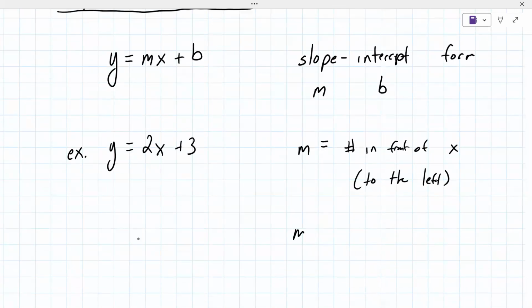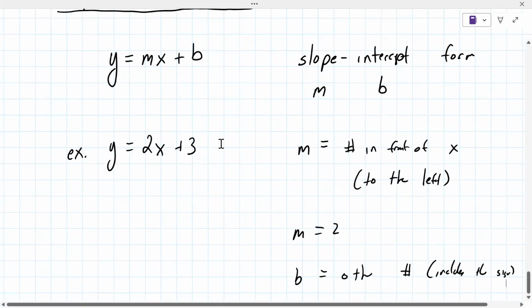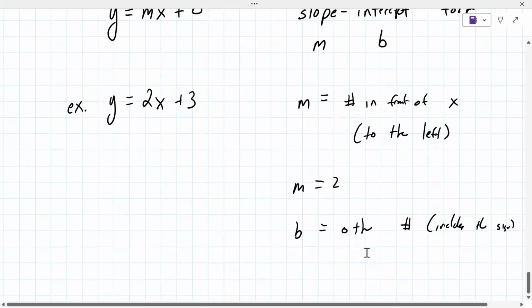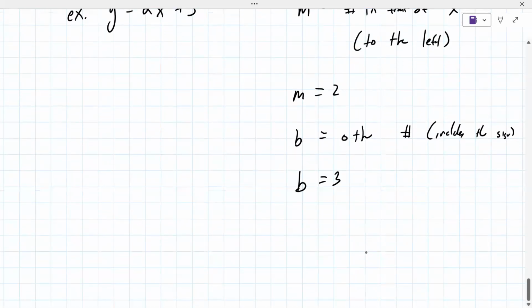So the slope would be 2. The b value is the other number, but it includes the sign or the operator. So in this case, it's positive 3. Okay. So b equals 3, like that.